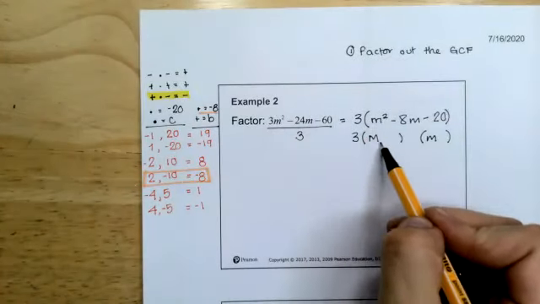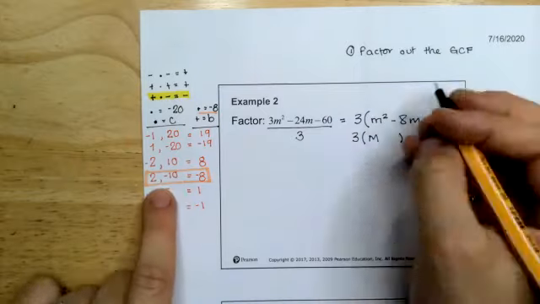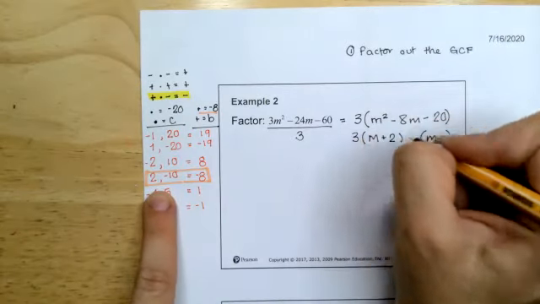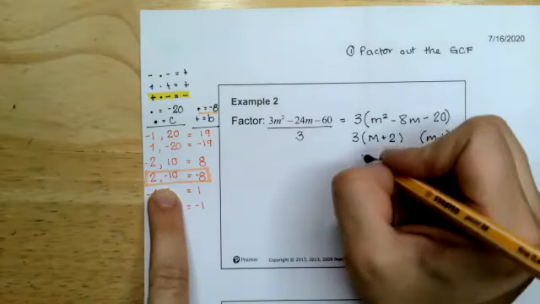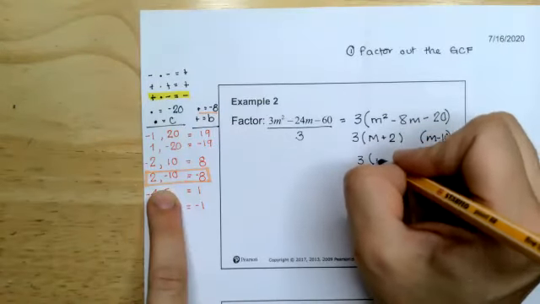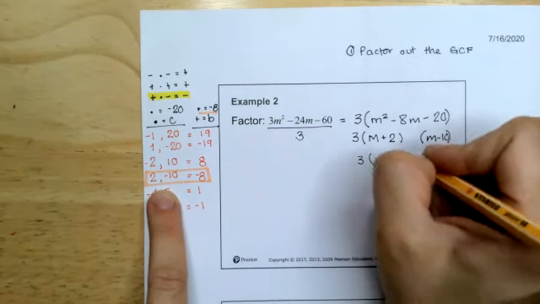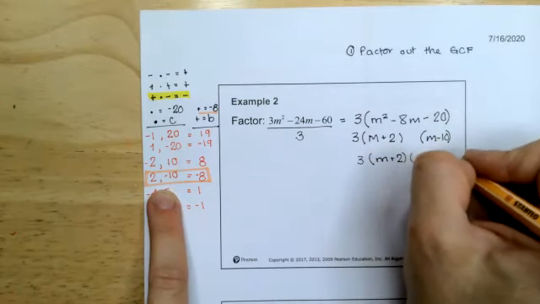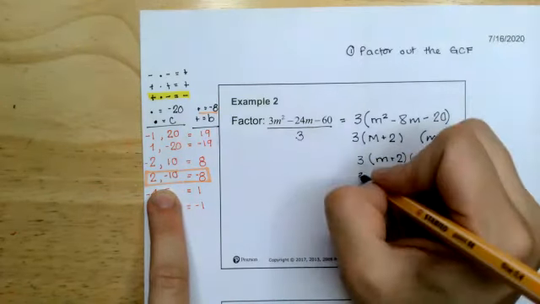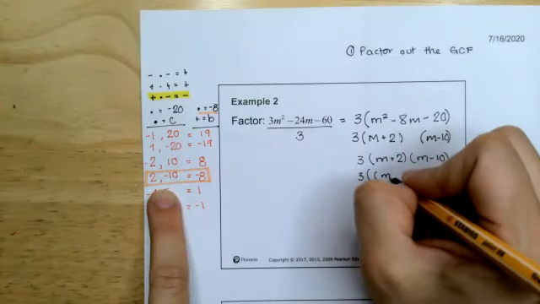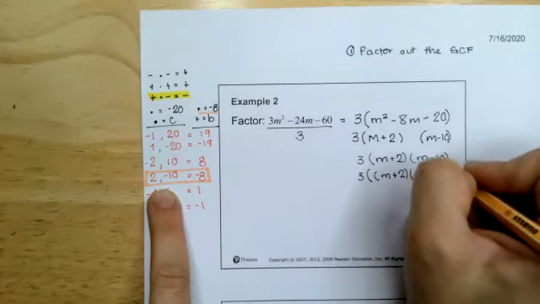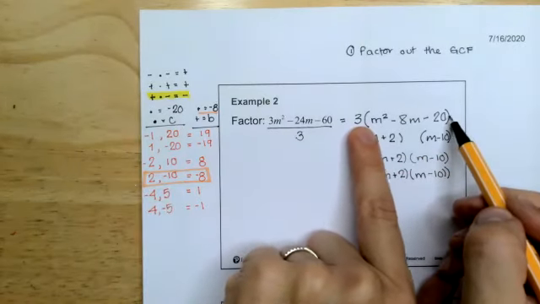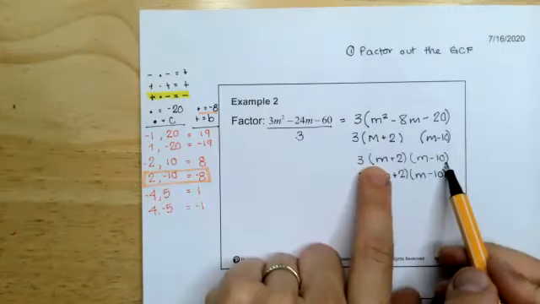Now it's m squared, so we're going to call it m times m. We have a positive 2 and a negative 10. I didn't write that very well. 3 times m plus 2 times m minus 10, which is the same as 3 times parentheses m plus 2, m minus 10. So those parentheses, you can lose them.